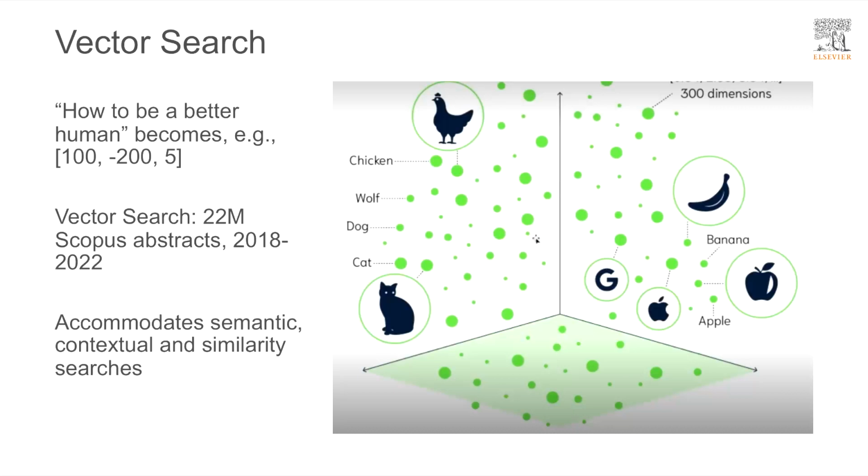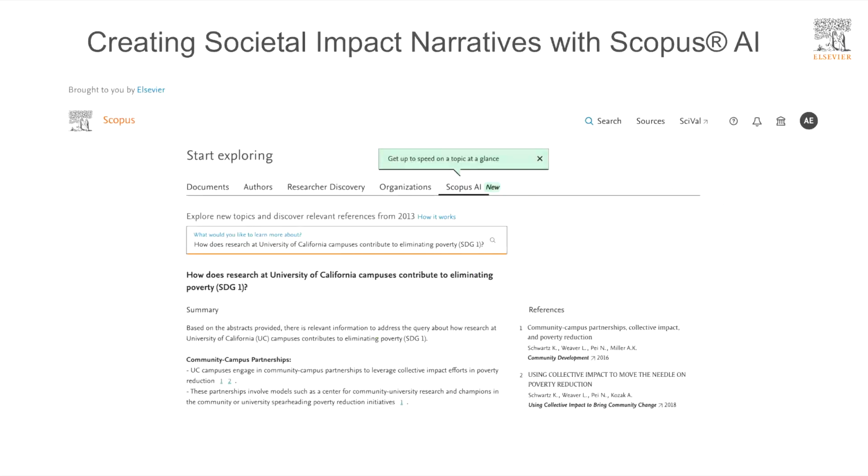And what I thought might be interesting is just to show you a couple of screenshots of examples that might be of interest. So the question that I put into the query box was, how does research at University of California campuses contribute to eliminating poverty, SDG 1? And what the generative AI tool, Scopus AI as it's called, will return is information in a summary form.